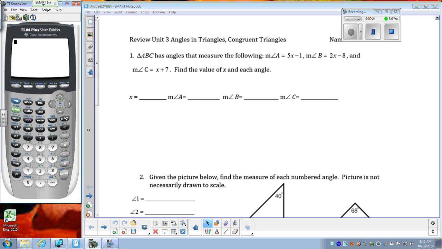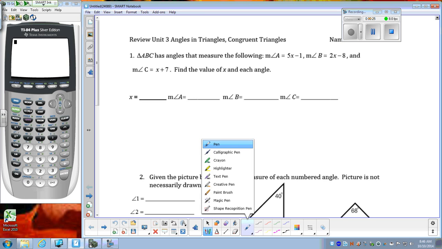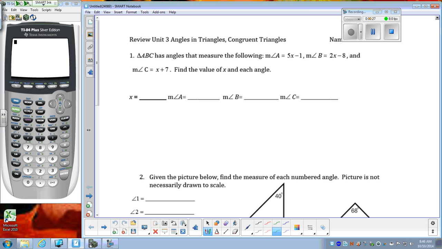Number 1 says triangle ABC. Triangle ABC has angles that measure the following. A is 5x minus 1, B is 2x minus 8, and C is x plus 7.